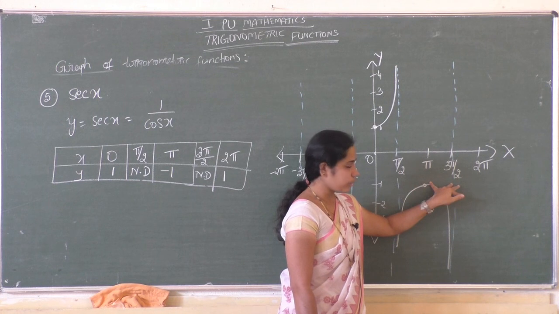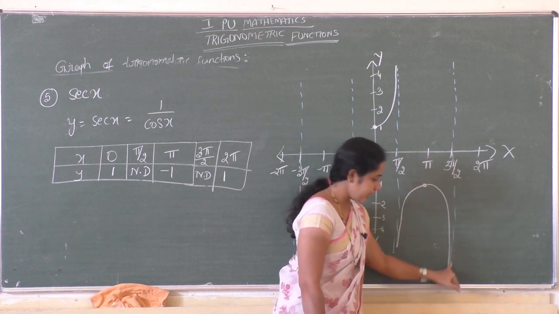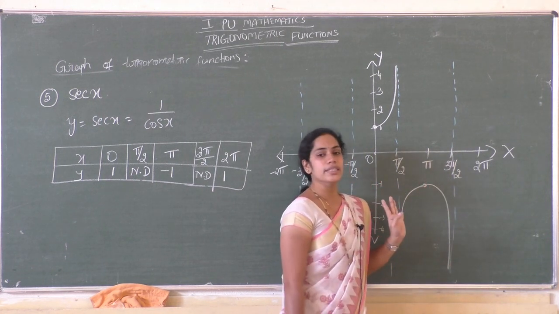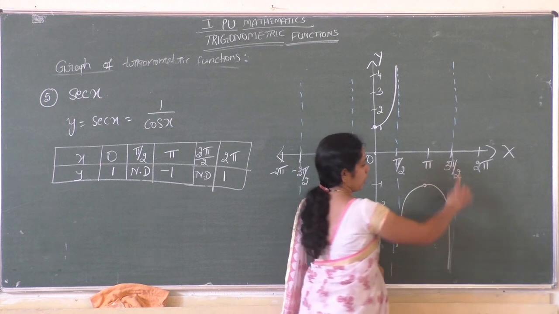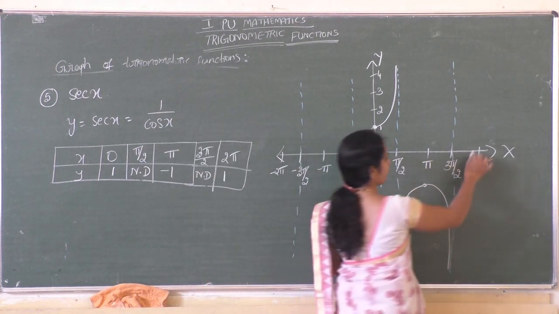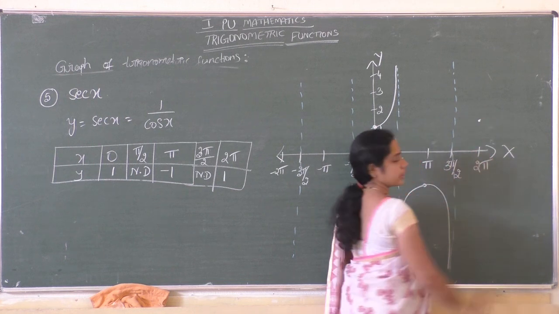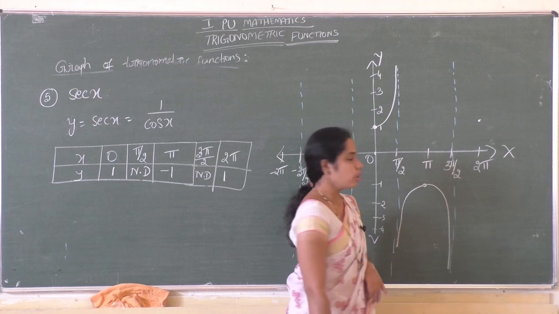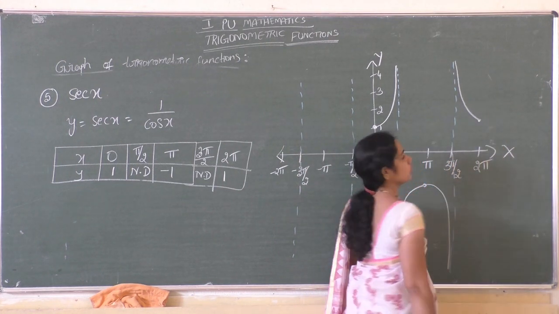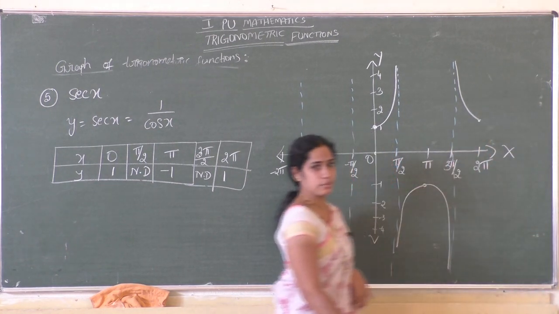Now fourth quadrant, 3 pi by 2 to 2 pi. At 2 pi the value is 1. In the fourth quadrant cos is positive, so value goes from plus infinity to 1. Then it increases like this.